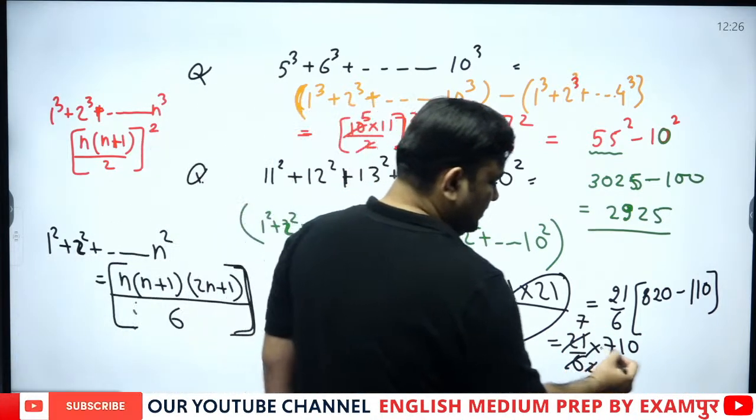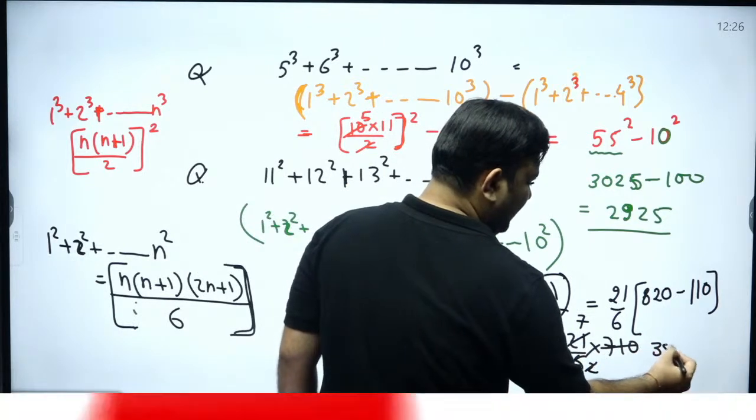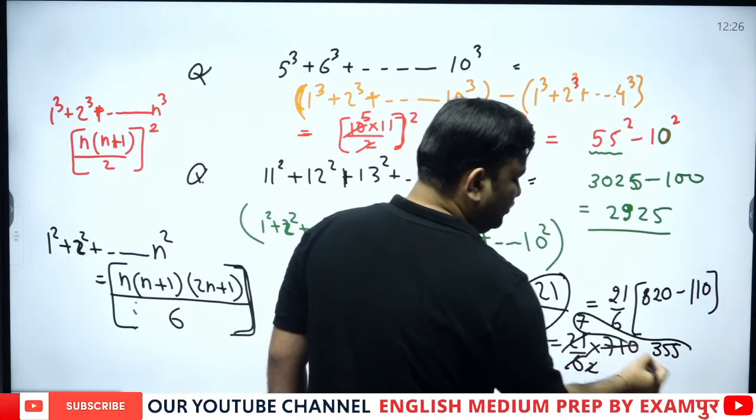And this is 355. So the answer is 355 into 7.